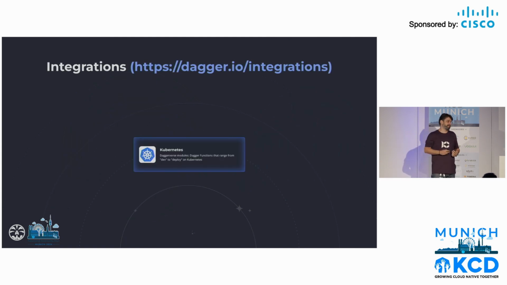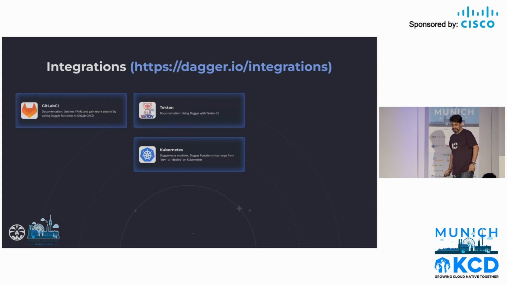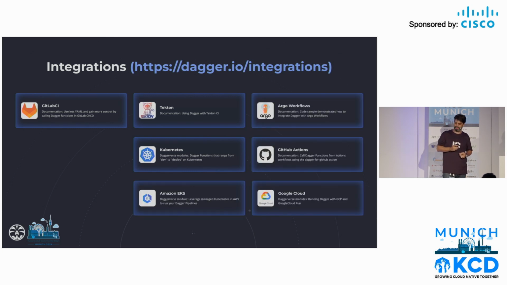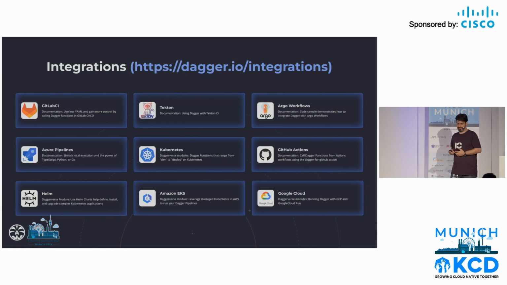It already has some integrations, so Kubernetes is one of them, and GitLab CI, Tekton, Argo Workflows, GitHub Actions, GCP, Amazon, I think Azure also, Azure Pipelines, Helm, they all have some sort of integration with Dagger, and it helps you to utilize that approach.